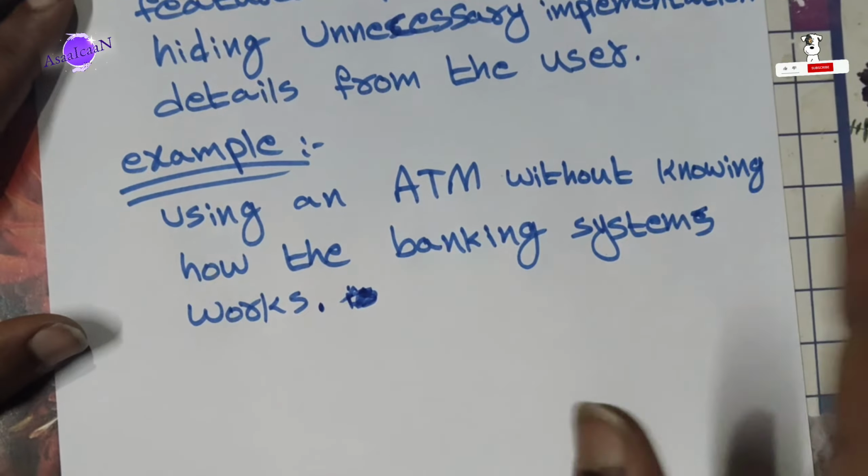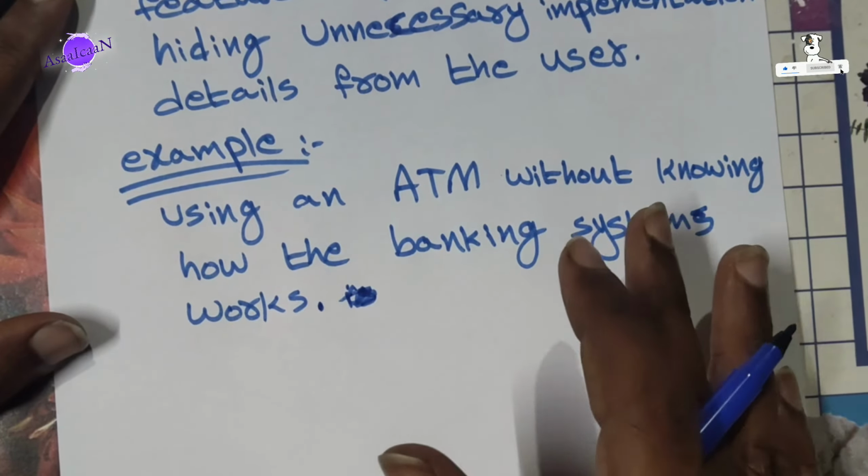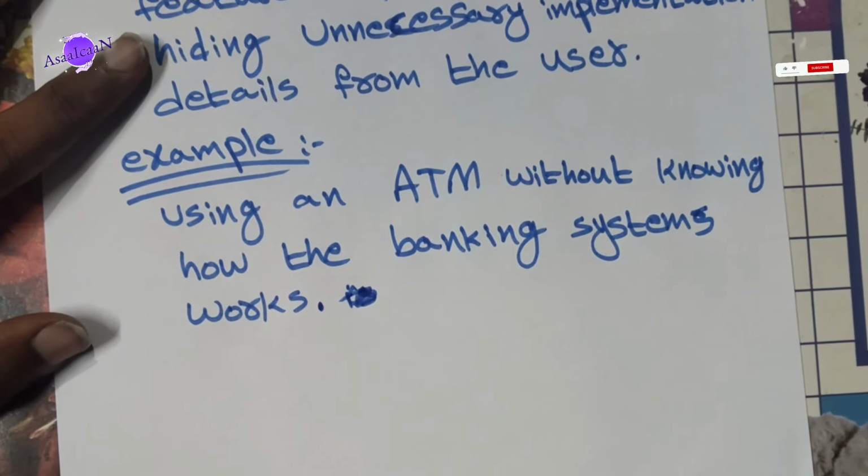Okay, it is a simple real life example of abstraction. That's it. I think everyone understands it. It's clear. Now see the next principle of OOP.